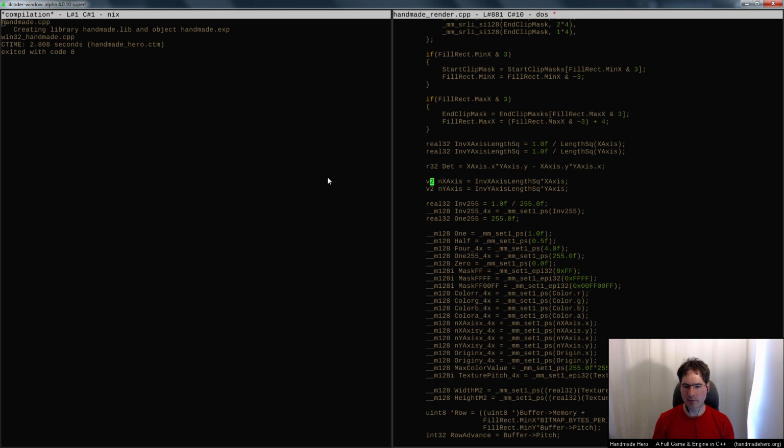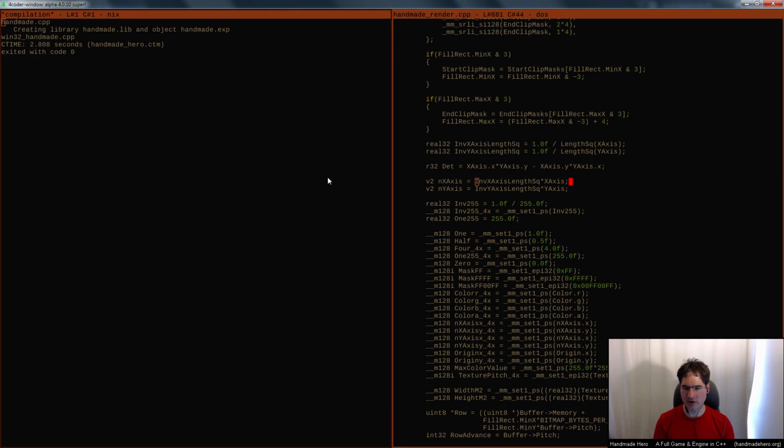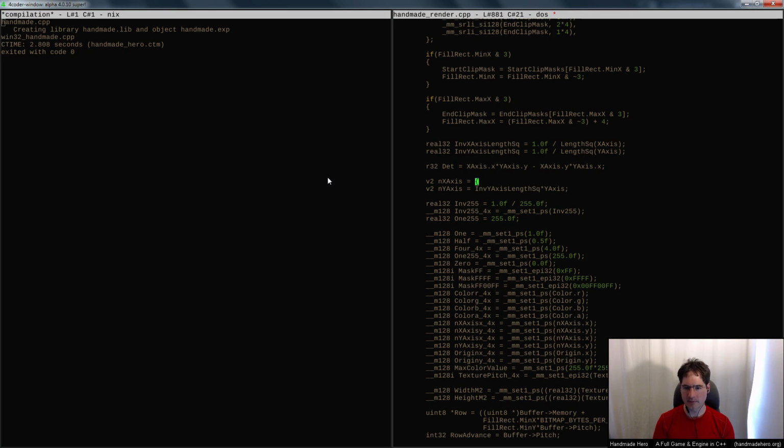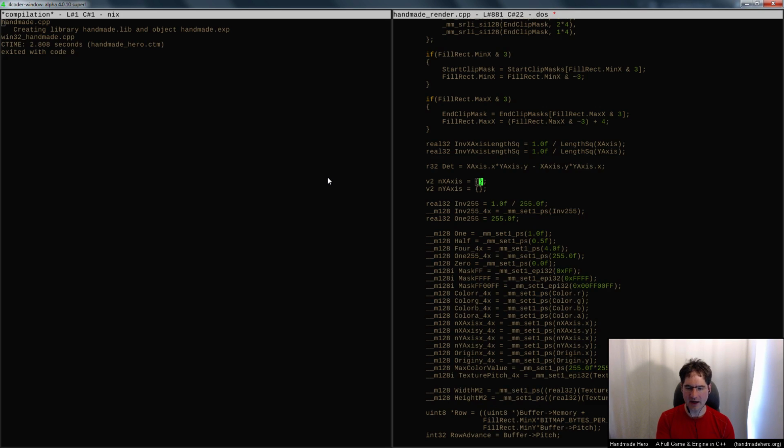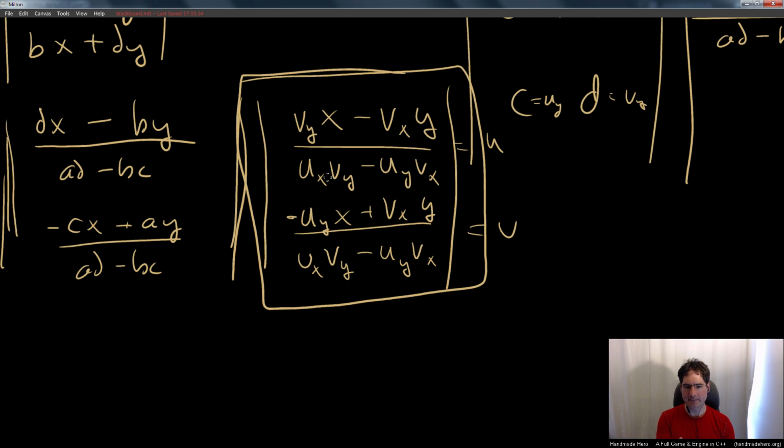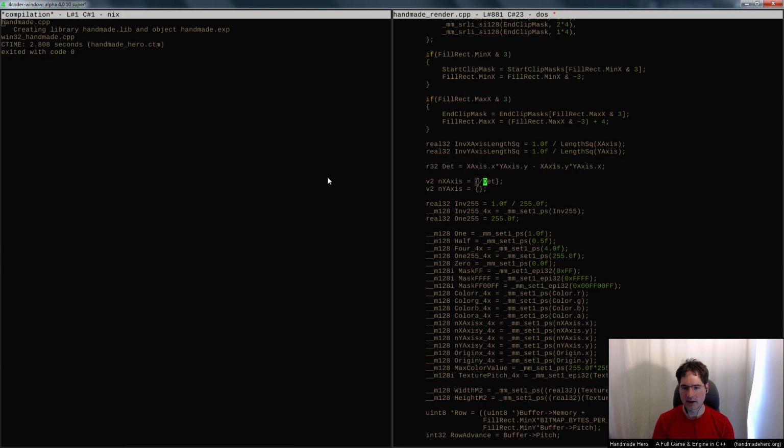And now when we produce these matrices, we want to be very specific with these. We don't want to do that anymore. We want to do our specific equation. And our equation is, for the x-axis, it's going to be vy and minus vx, both of them over the determinant, right?